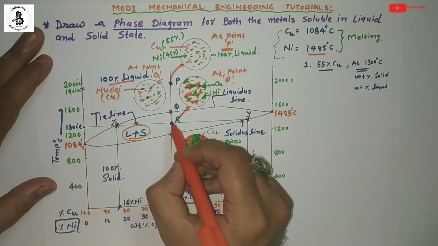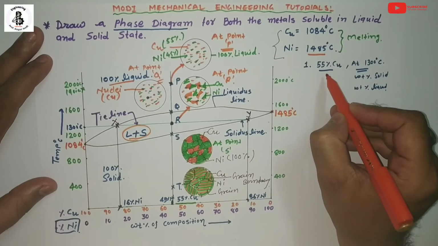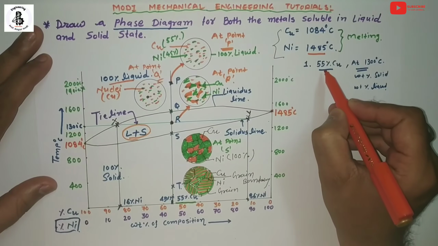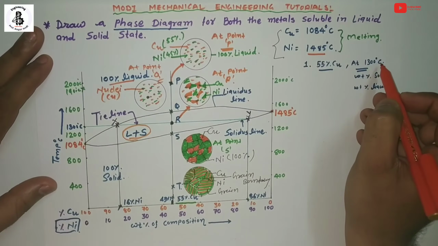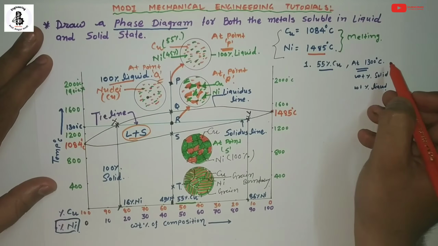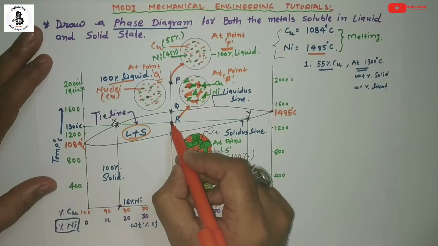That point is your case number 1: 55% copper at 1300 degrees centigrade. How much percentage of liquid is present at this point and how much percentage of solid?